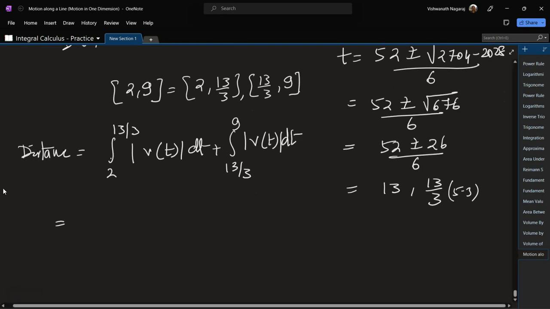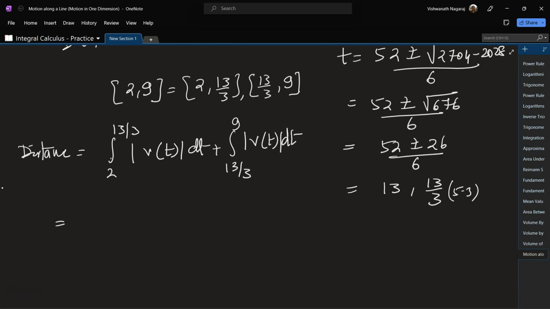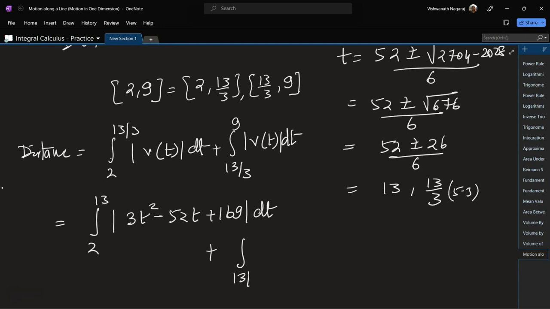This becomes, now substitute the v of t. What do we get? We get the integral from 2 to 13 by 3 of the absolute value of 3t square minus 52t plus 169 dt, plus the integral from 13 by 3 to 9 of 3t square minus 52t plus 169 dt.